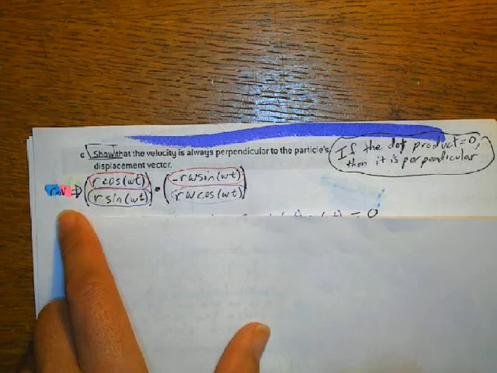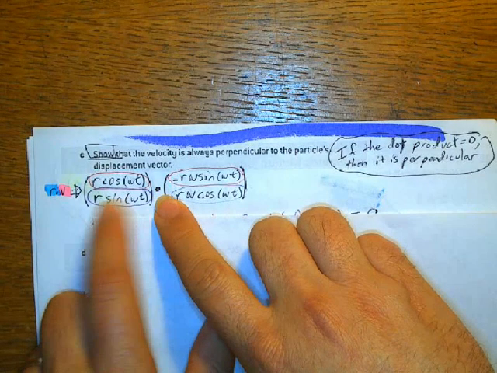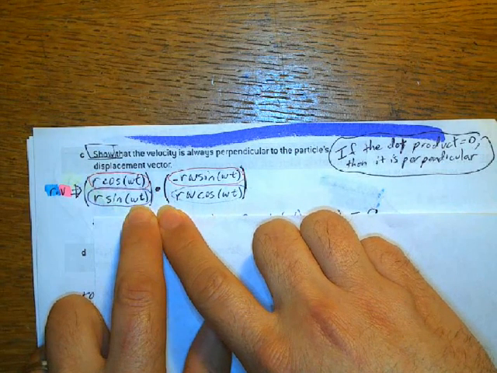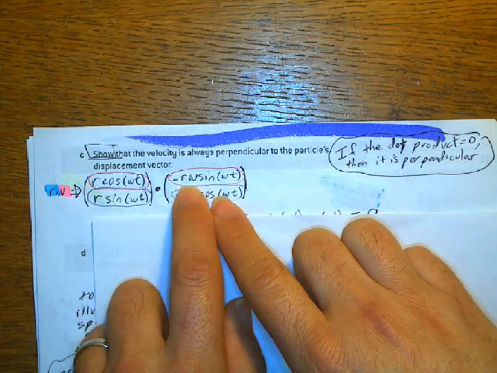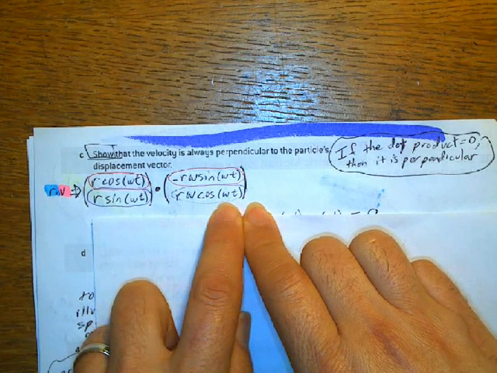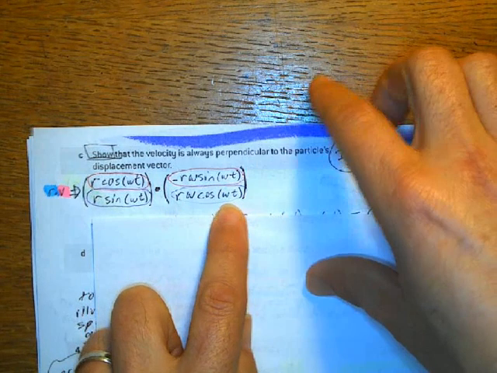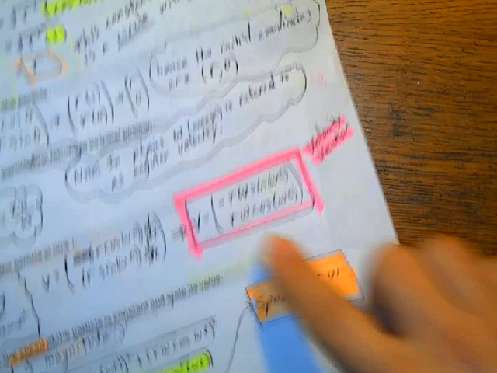If we flip the page back, our displacement vector is r cosine omega t, r sine omega t, and our velocity vector, which we found, was negative r omega sine omega t and r omega cosine omega t.